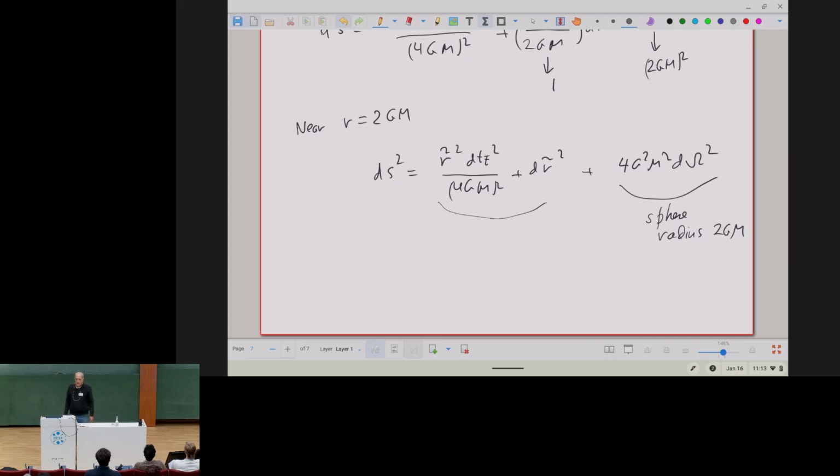And if you look at it, it might remind you of the metric of a plane in polar coordinates. So a metric you would all know is dr tilde squared plus r tilde squared dphi squared is R2 in polar coordinates, if phi is an angular variable of period 2 pi.